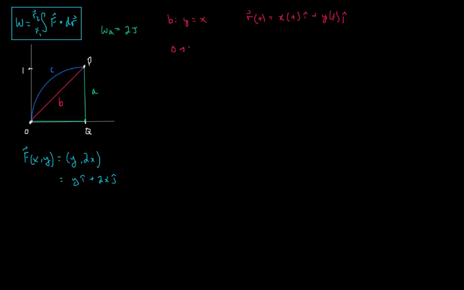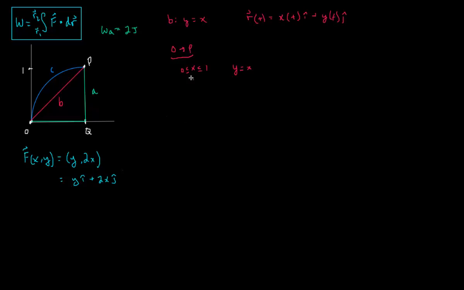So we're looking at the path O to P, and since y is equal to x, it's pretty easy to write everything in terms of one of the variables, and I'm just going to choose x. Over this path, x goes from 0 to 1, and y is defined as x.